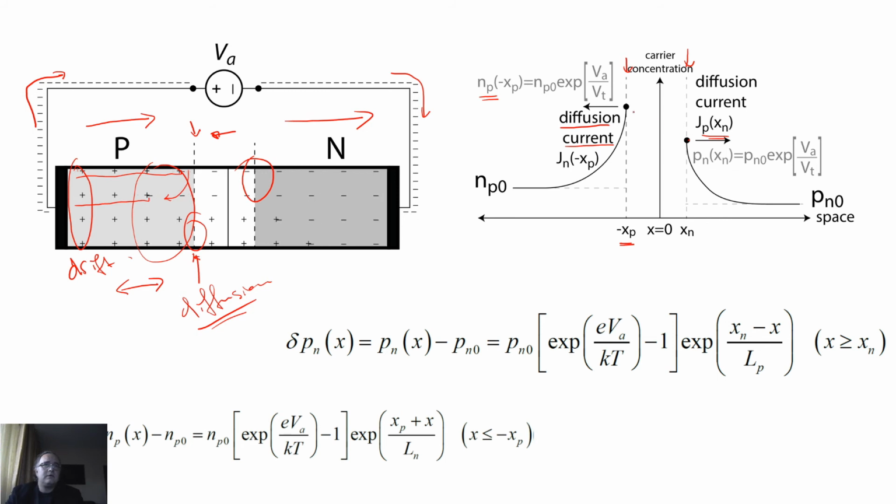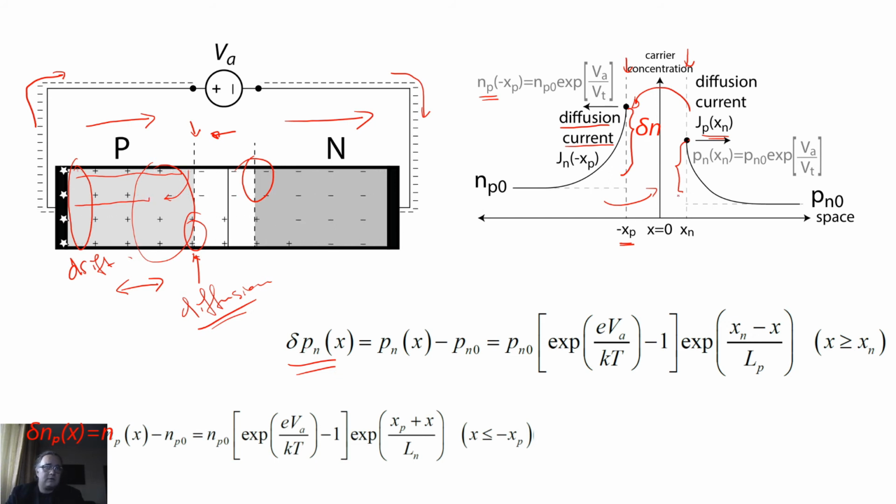So these are the excess charge electrons that are injected from the n region to the p region. And these here are the excess charges of holes that are diffused from the p region to the n region. Here is the excess charge holes in the n region, and here is the excess charge electrons that are injected in the p region.